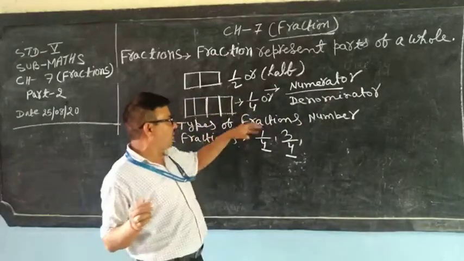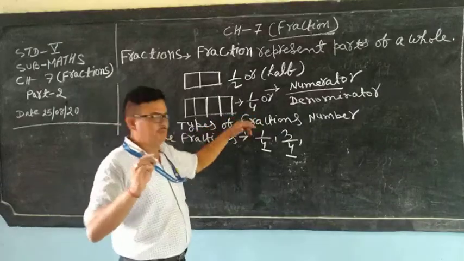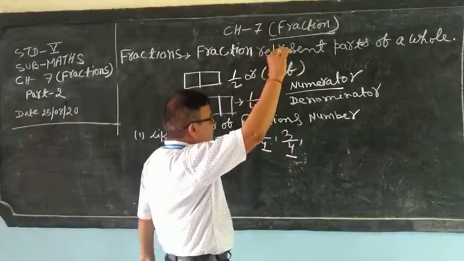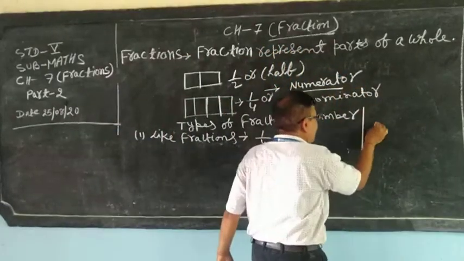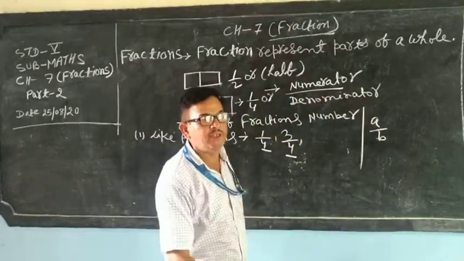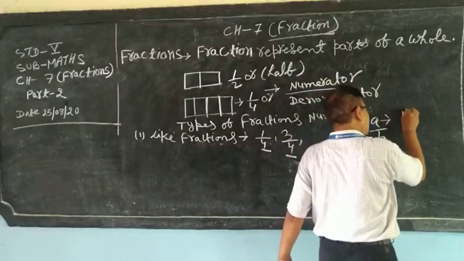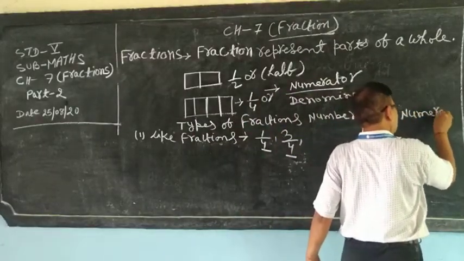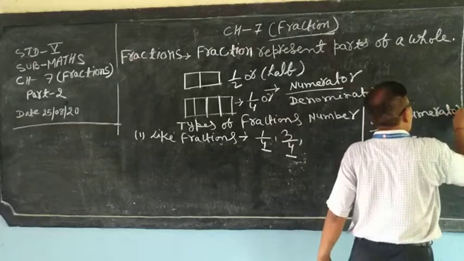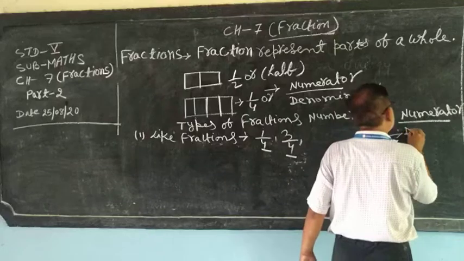Now a fraction number can be written as A by B. Here, A is called the numerator, and B is called the denominator.